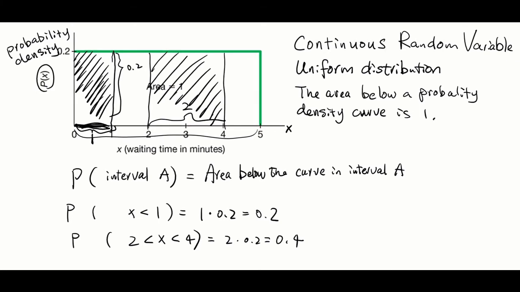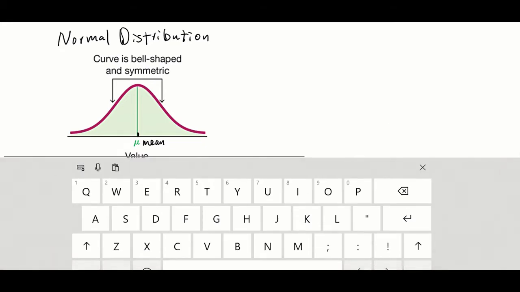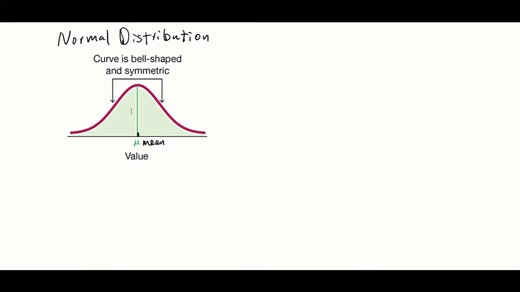After talking about the uniform distribution, let's look at the normal distribution, which is a bell-curve-shaped distribution. This is a graph of a normal distribution for a continuous random variable. The value in the middle is the mean, and the whole graph is bell-shaped and symmetric.